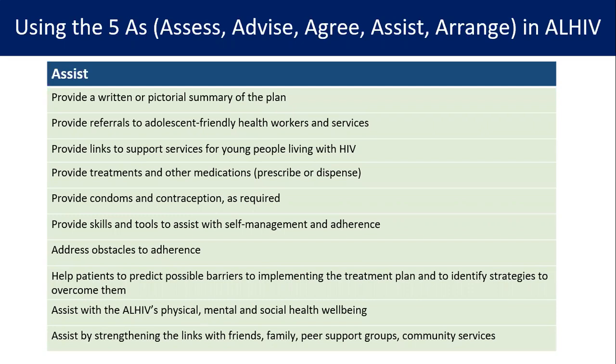Provide skills and tools to assist with self-management and adherence to the treatment, help the patient predict the possible barriers to implementing the treatment plan, assist the ALHIVs with physical, mental, and social well-being, and assist by strengthening the links with friends, family, peer support groups, and community services.